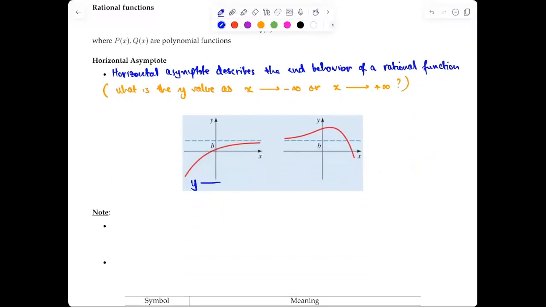If one of these cases occurs, then you conclude that y equal to b is a horizontal asymptote.